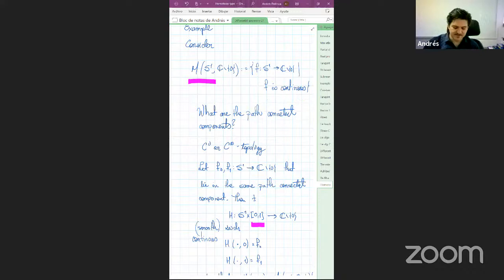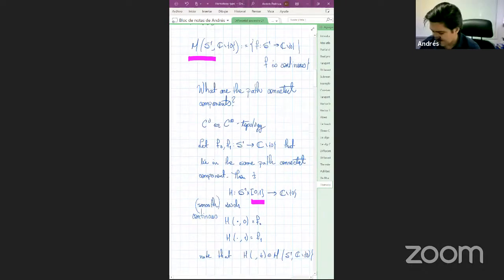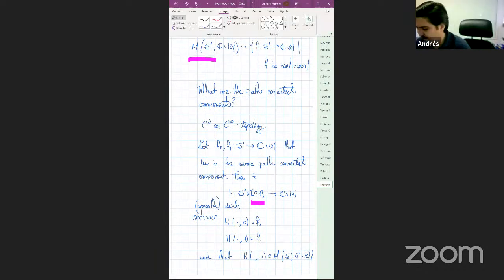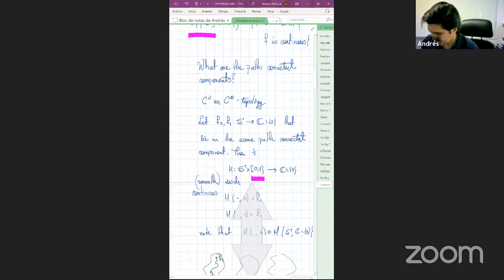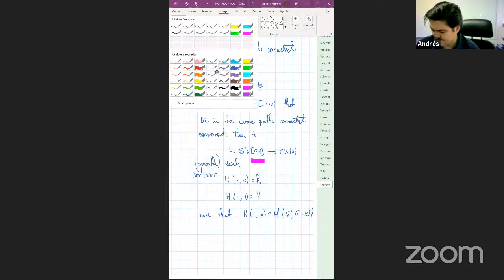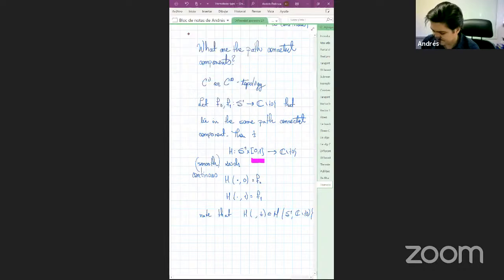But you see, there is something very interesting going on. This is a very nice space.